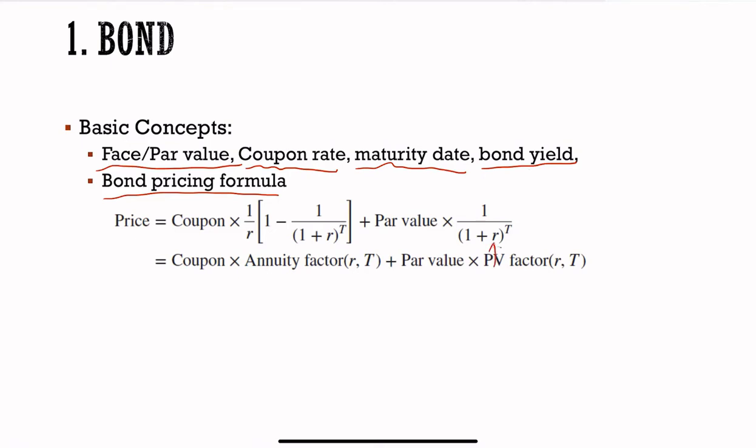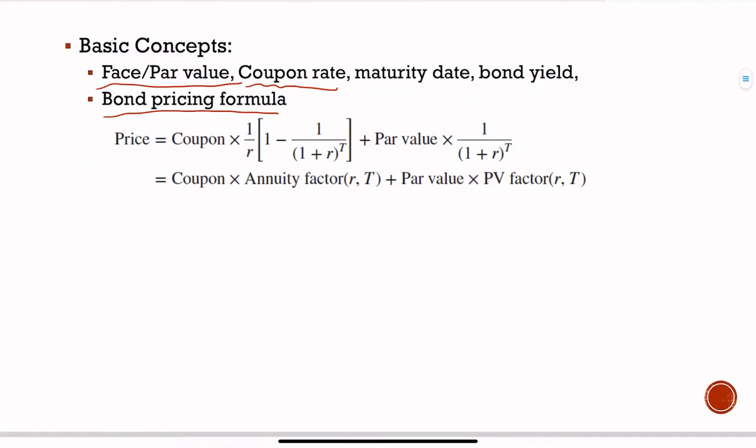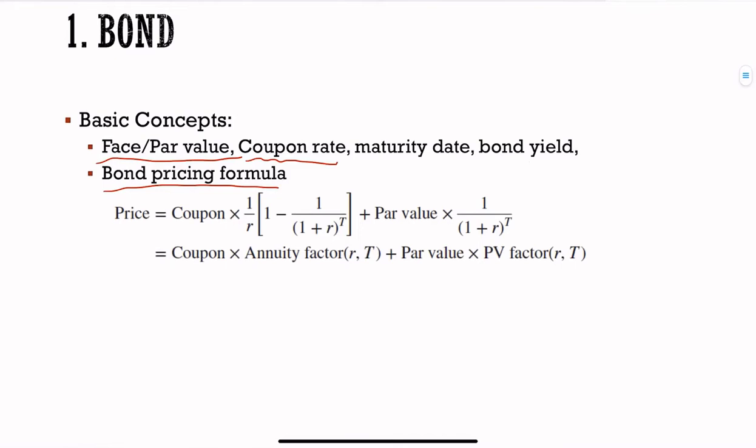But you can actually extend this argument. If you tell me price, if you tell me coupon, if you tell me the bond yield, I can tell you par value, right? Or if you tell me par value, the bond yield, and the price of the bond, then I can tell you coupon rate, right? Okay.